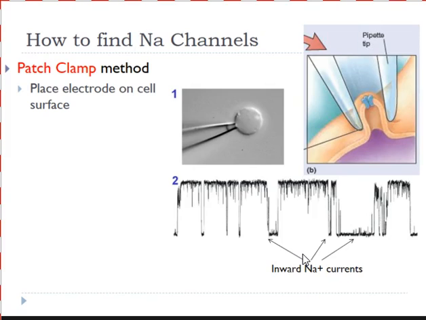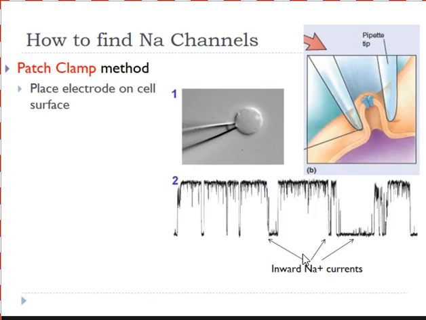Or actually, honestly, this is probably not even a neuron, but let's pretend it is. It probably is a frog oocyte, to be honest with you. But what they've done is they've put a glass electrode up against it. Glass electrodes are just hollow little tubes that you fill with saline solution, and then you hook them up to wires that are hooked up to amplifiers and other kinds of things so that you can record electrical signals.